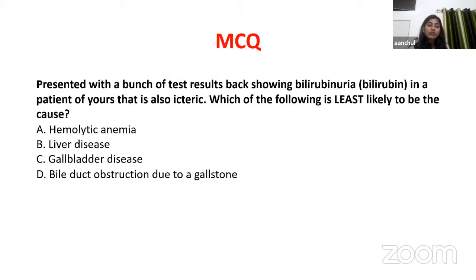Okay, then an MCQ. We are presented with a bunch of test results showing bilirubinemia, an increase in the level of bilirubin, in a patient who also has jaundice. Which of the following is least likely to be the cause? So the options are these.